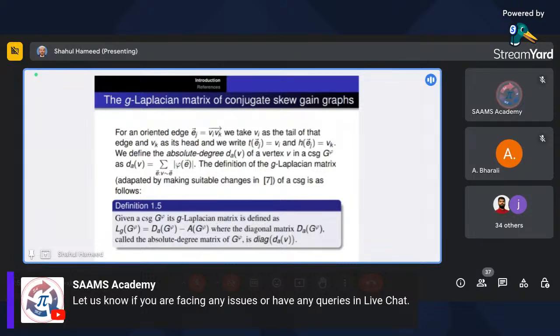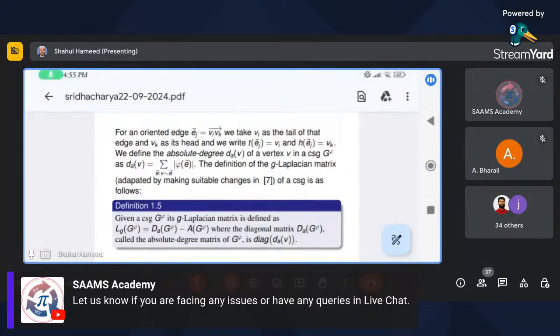If that is done, we define the degree of a vertex. Here we define the absolute degree d_A of v as the summation of the modulus of phi of e, where e is incident with the vertex v.